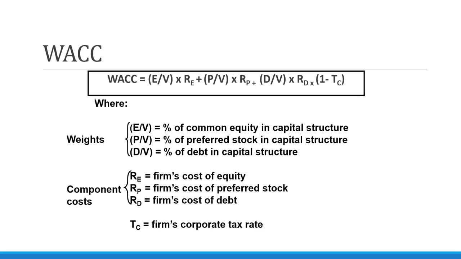So for our WACC, we have the market value of equity divided by the value times the cost of equity, which is RE, plus the percent of preferred stock in the capital structure divided by the value times the required rate of return or cost of preferred stock, plus the percent of debt in the capital structure times the firm's cost of debt times 1 minus the corporate tax rate.